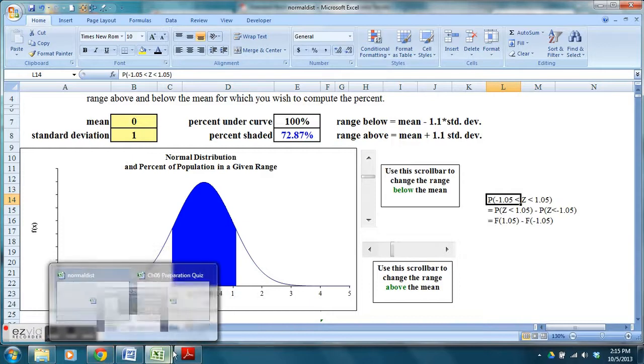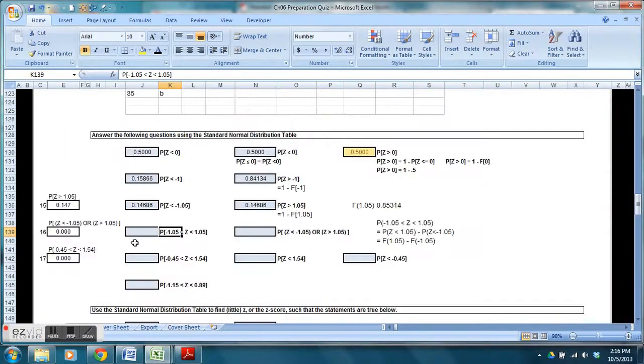So we can put that in our answers. Everything that's less than 1.05, which is going to be right here, minus everything to the left of negative 1.05.